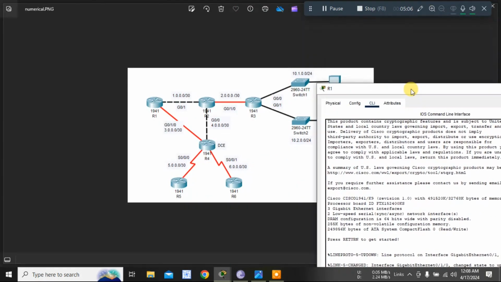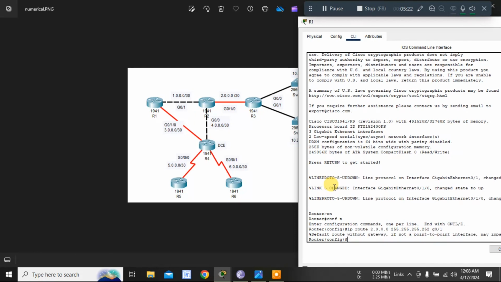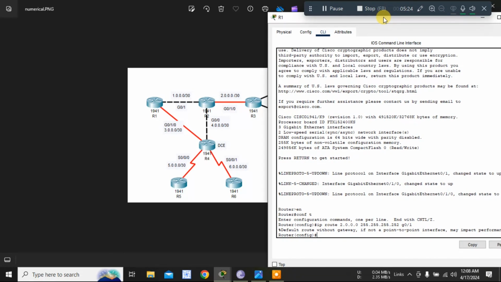See, I have provided this one via, see this one is the network, so this router will connect with this network via this interface, gigabit ethernet 0/1. Okay, it's done for 2.